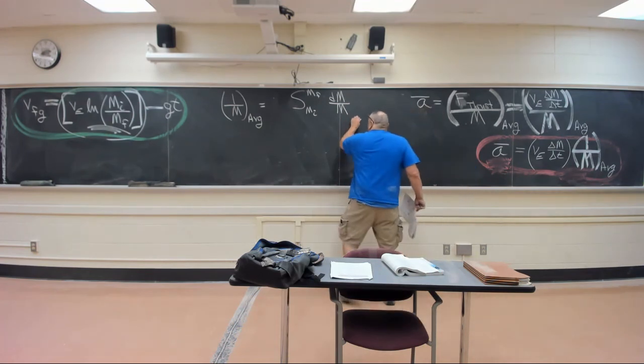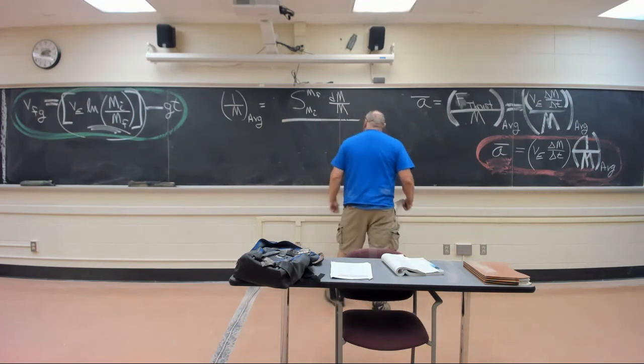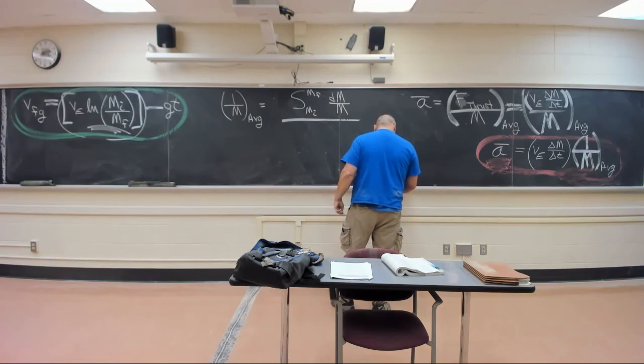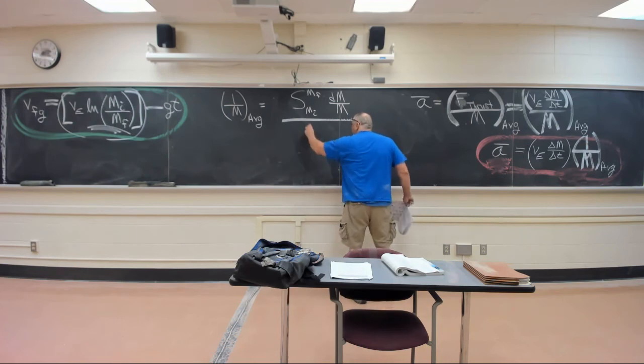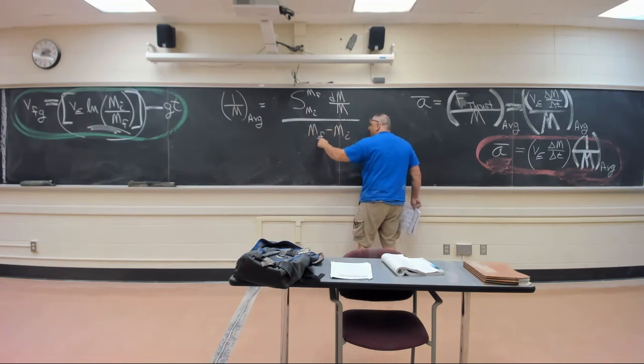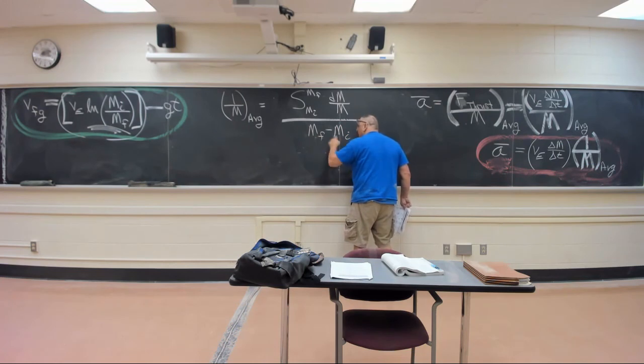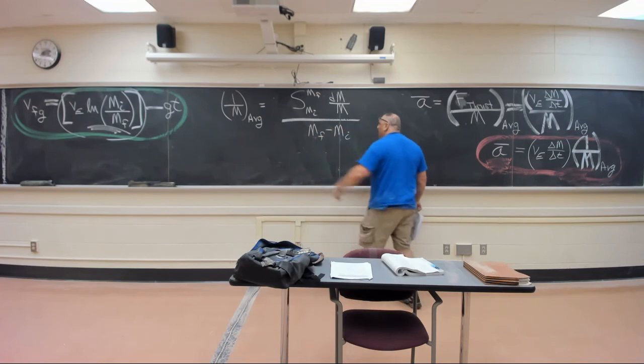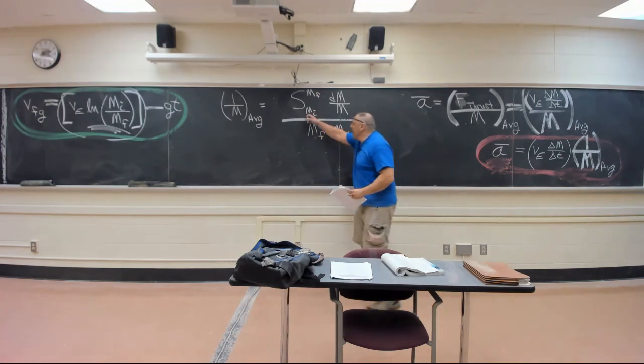Yeah? And you're going to divide by what delta m is. Which is Mf. Look, this is a little on the awkward side in the sense that Mf is small, Mi is big. Small minus big is a negative number. Yeah, I know, but you're going to get a negative number up here. So you're going from big to small.